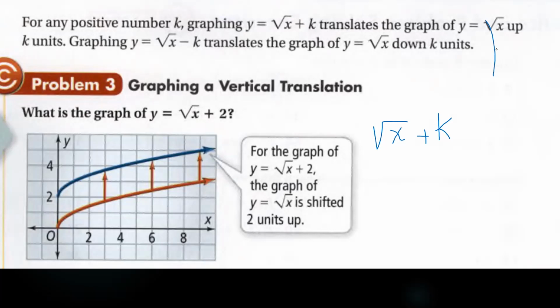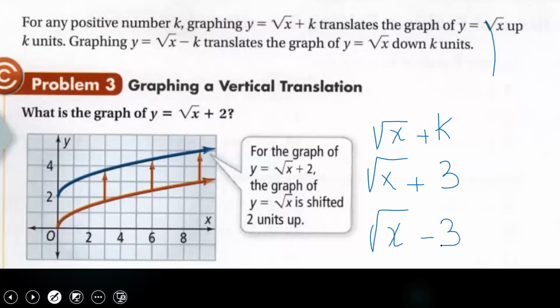We draw square root of x. Now translate it up. If you have square root of x plus 3, and 3 is outside of the radical, it's not under the square root. So what does it mean? That means you have to shift the square root of x 3 units up. And if you have the square root of x minus 3, you have to shift it 3 units down.